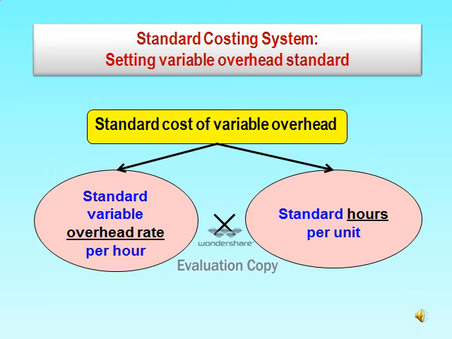Also, you can use any other basis, for example machine hours or direct material cost. But at this point, I will use direct labor hours as a basis for computing an overhead rate. So standard cost of variable overhead equals standard variable overhead rate per hour times standard hours per unit.